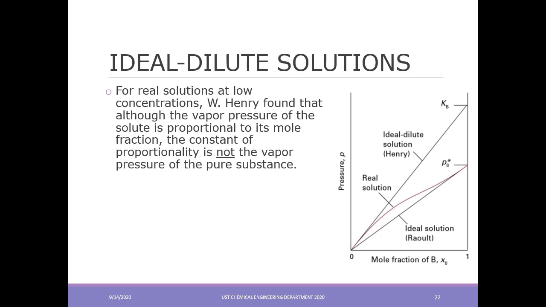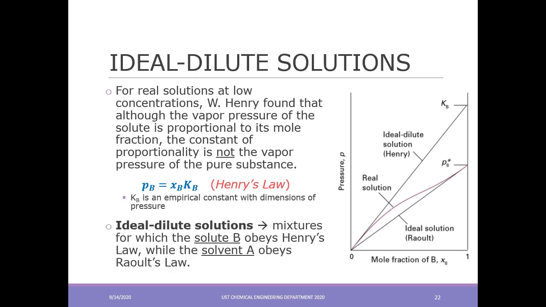Thus, he established Henry's law, which is PB is equal to XB KB, where KB is an empirical constant with dimensions of pressure. As seen in the graph on the right, at low amounts of solute B, the plot of the real solution follows Henry's law more closely than that of Raoult's law. Mixtures for which the solute obeys Henry's law while the solvent obeys Raoult's law are called ideal dilute solutions.